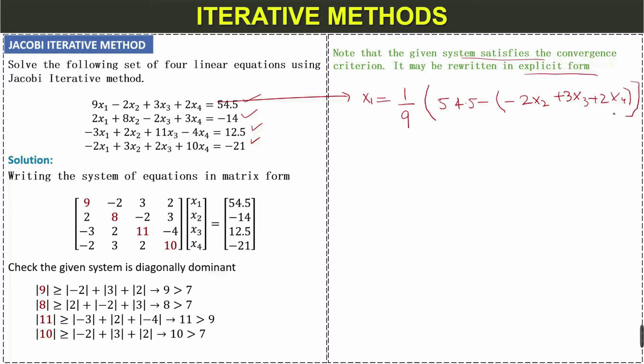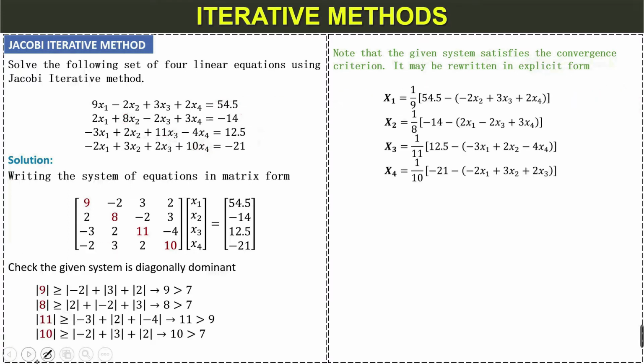So this one is the explicit form. Similarly for x2, x3 and x4. So we have the explicit form of all of them like that.